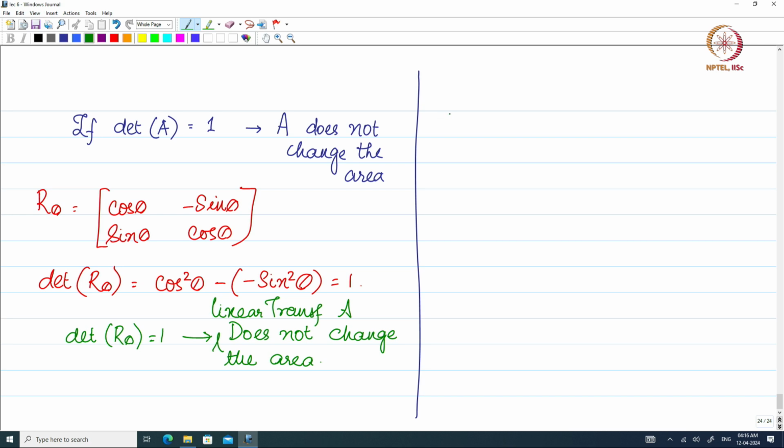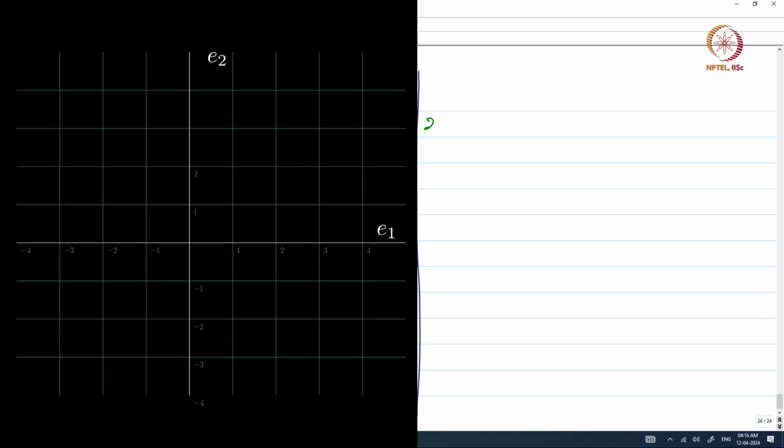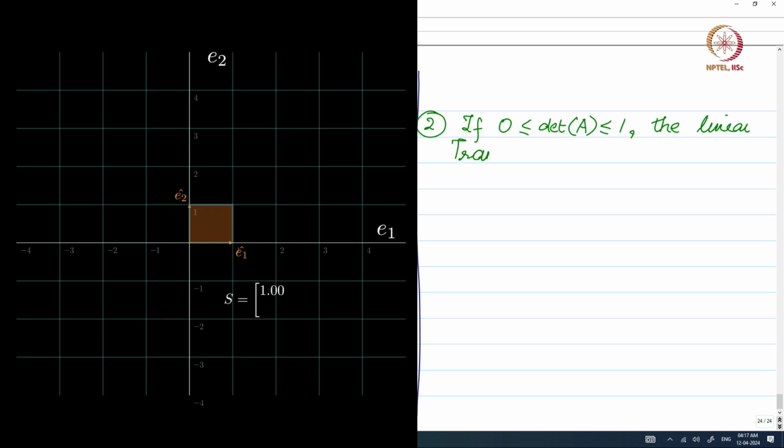Then the second property that we are going to look at is this: if 0 is less than or equal to the determinant of A, which is less than or equal to 1, then the linear transformation A shrinks the area.